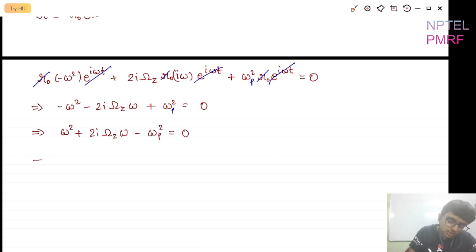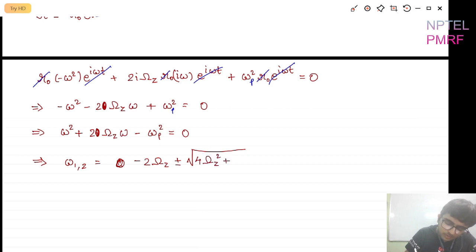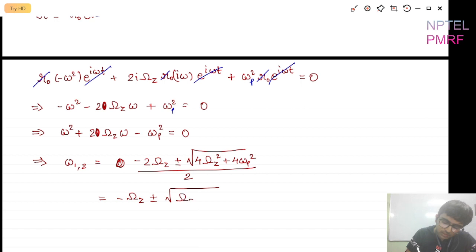to 0. So we get omega 1 and 2 as plus or minus, sorry, minus, was there an I? No, this I wasn't there. So minus 2 omega z plus or minus square root of 4 omega z square plus 4 omega p square, everything divided by 2. So this becomes minus omega z plus or minus square root of omega z square plus omega p square.